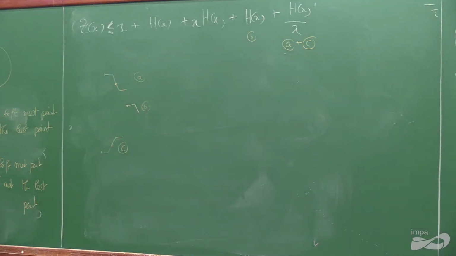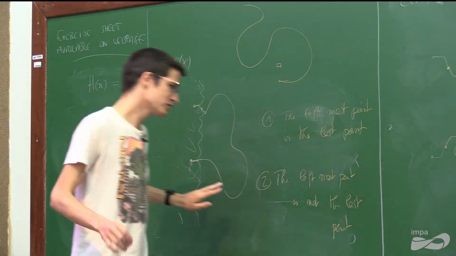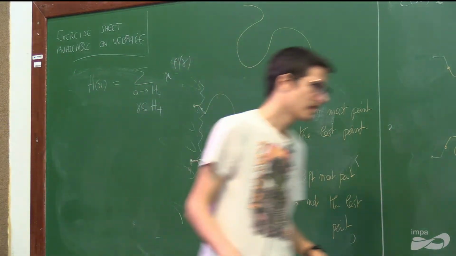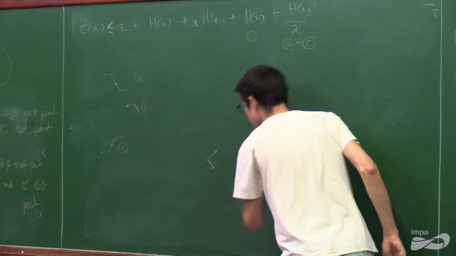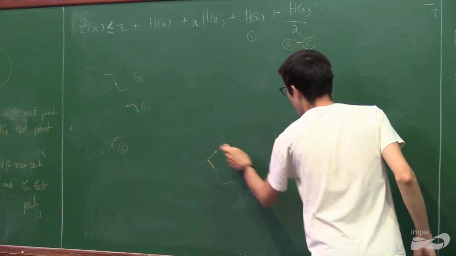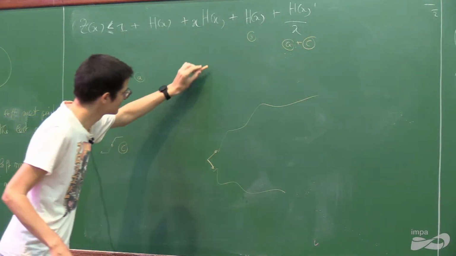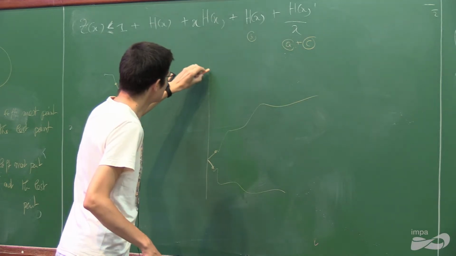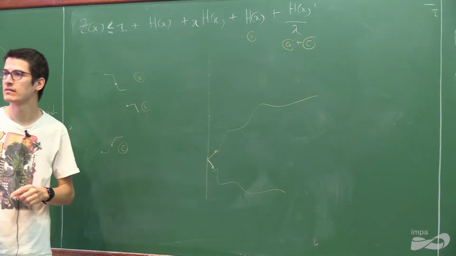And now comes this part. If the leftmost point is not the last point, then I have a step like this between two mid-edges. And this height can be visited several times, so I'm just looking at the first time things are visited.